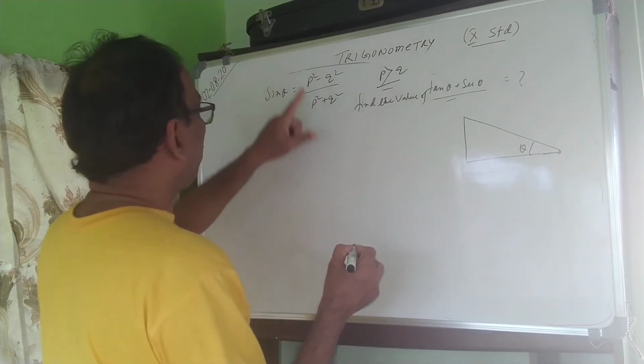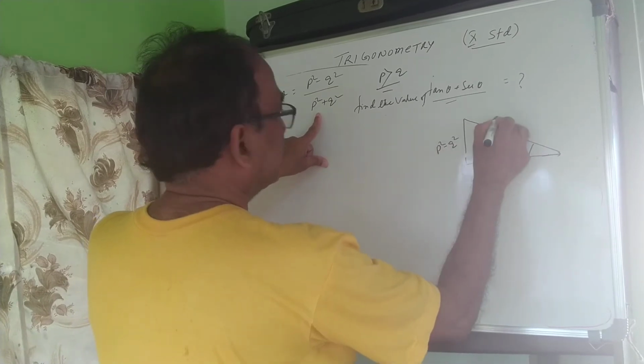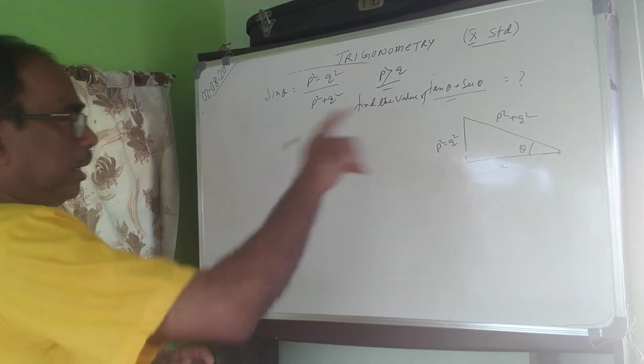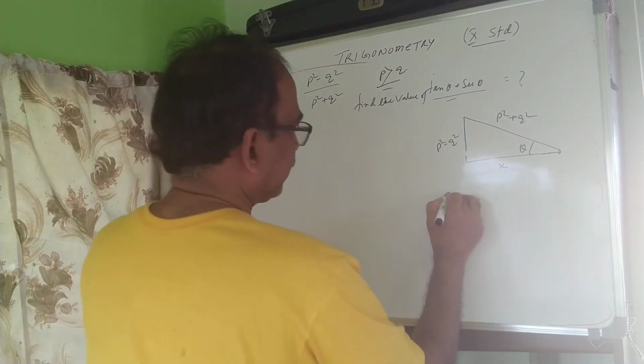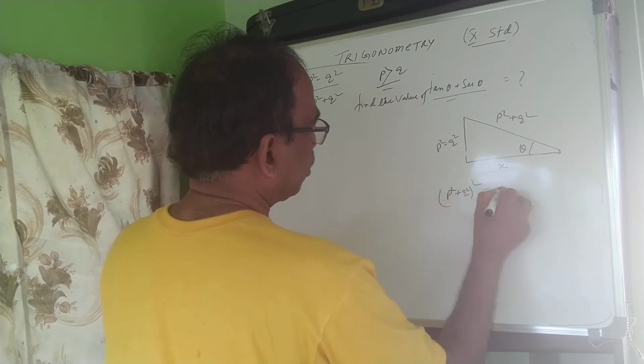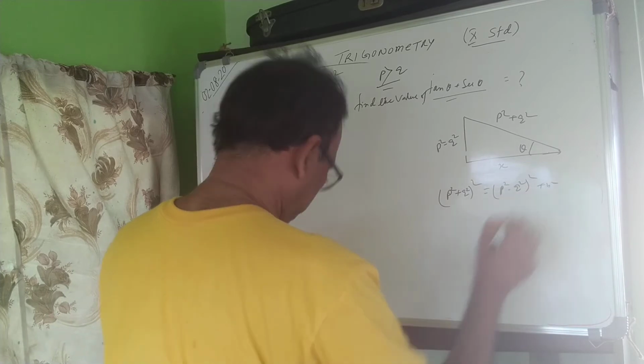Sin theta is perpendicular by hypotenuse. So this will be p square minus q square, and this is p square plus q square. Taking this base as x, using Pythagoras, you will get the base. That is p square plus q square whole square equals p square minus q square whole square plus x square.